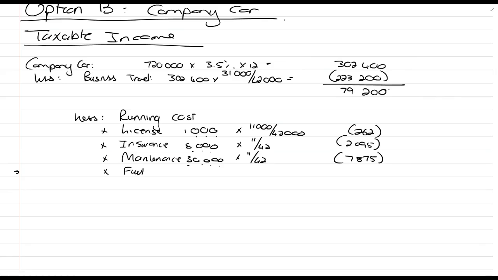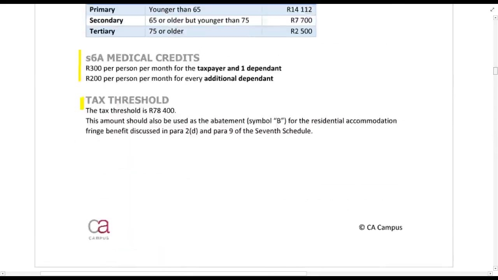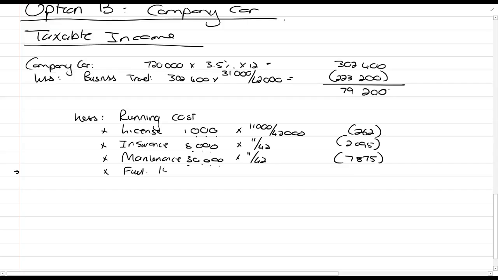Okay, then the fuel. So the fuel is the tricky one that you need to be aware of. You don't use the actual amount incurred. You go to the travel allowance table, although it has nothing to do with a travel allowance as a company car, and you use the fuel cost that's there, 150.9 cents times 11,000 kilometers.